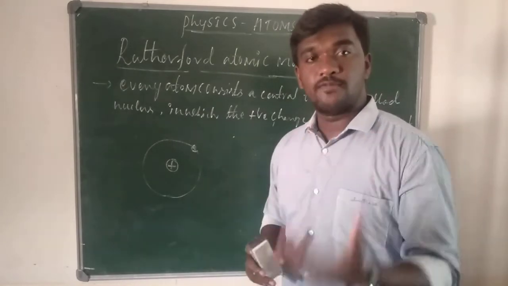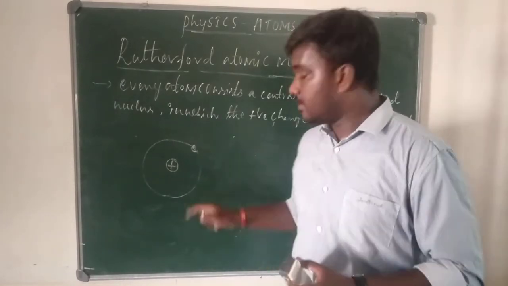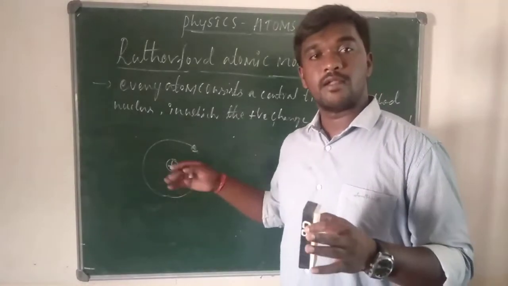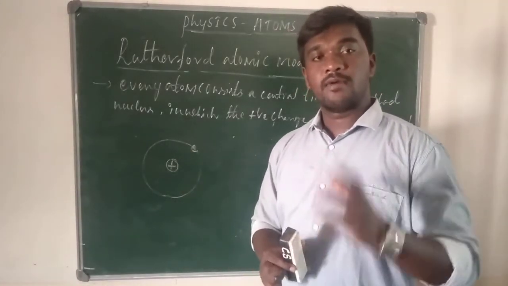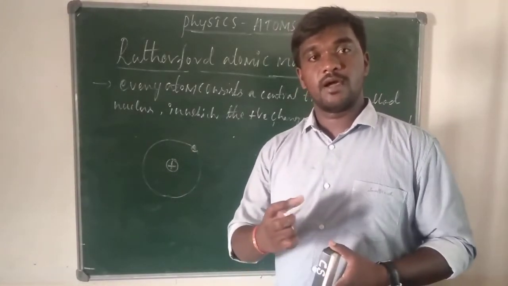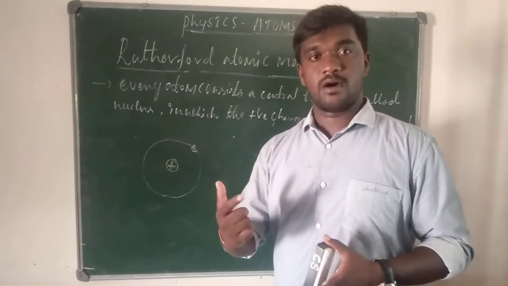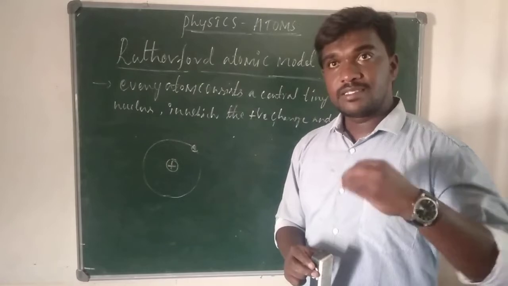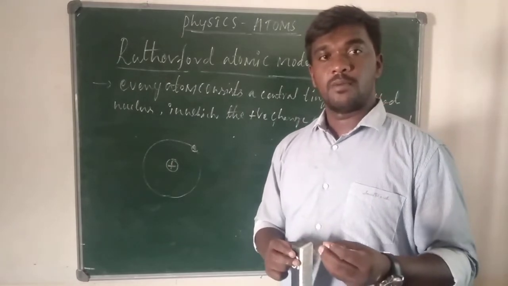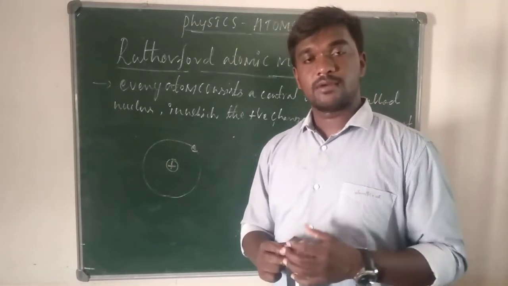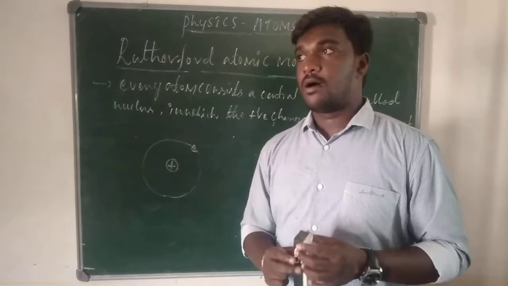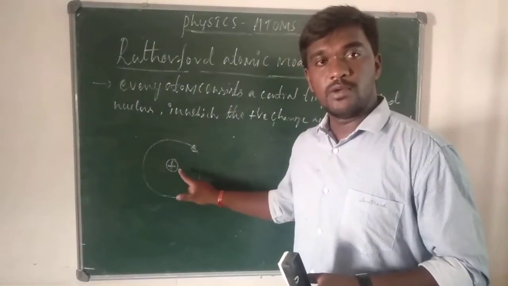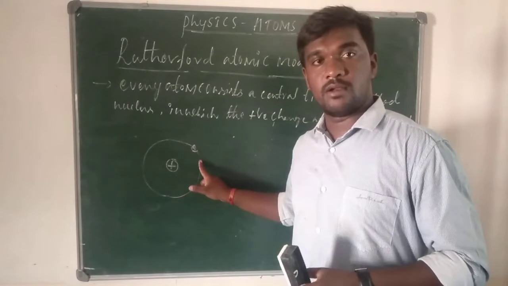The centripetal force required by the electron for revolution, to revolve around the nucleus, is provided by the electrostatic force of attraction between the nucleus and the electron.